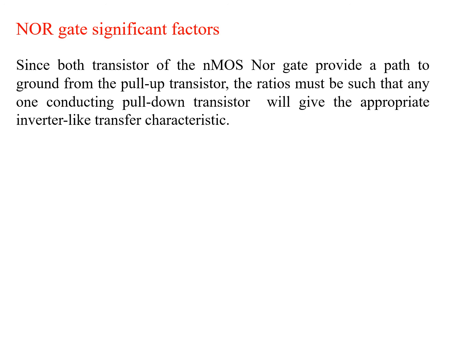So it is not mandatory for all the MOSFETs to be on in the case of the NMOS in a NOR gate, because since both are connected in parallel, if any one of the MOSFETs is on, it is naturally going to pull your output towards the ground.